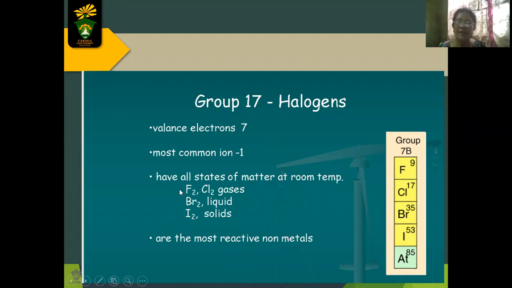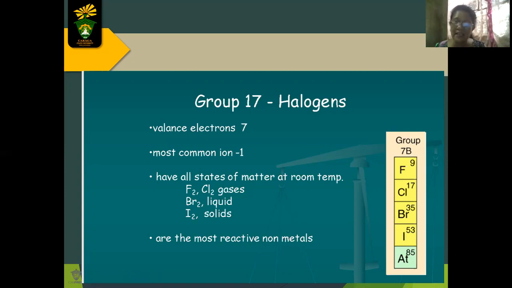They have all states of matter at room temperature. For instance, chlorine: there is chlorine powder and chlorine liquid. The one used in water districts for disinfecting is chlorine gas.